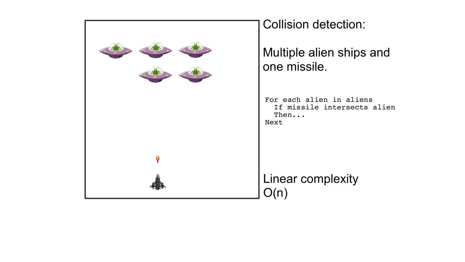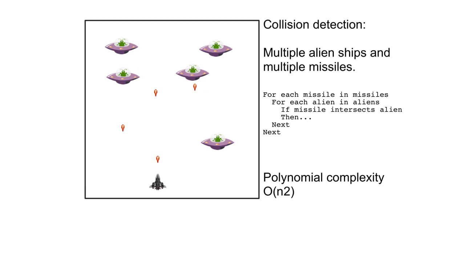We can say for each alien in the aliens collection, if the missile has intersected the alien, then carry out the collision handling code. Because we need a for loop in this situation, we've introduced linear complexity. As the number of alien ships increases, so too does the time complexity of the algorithm.